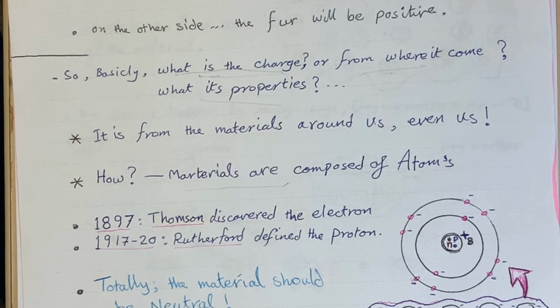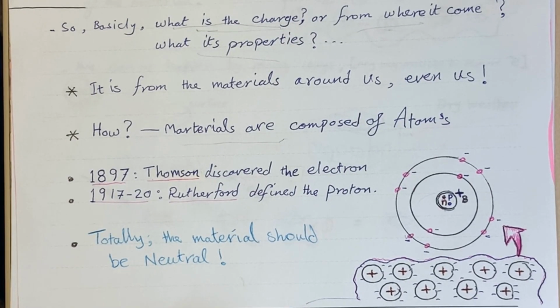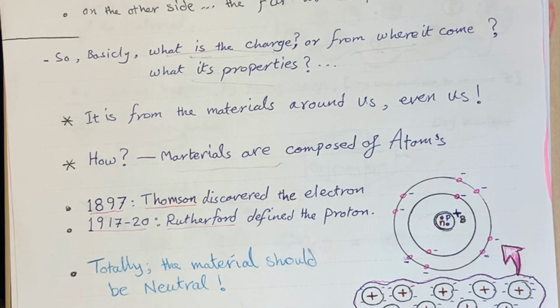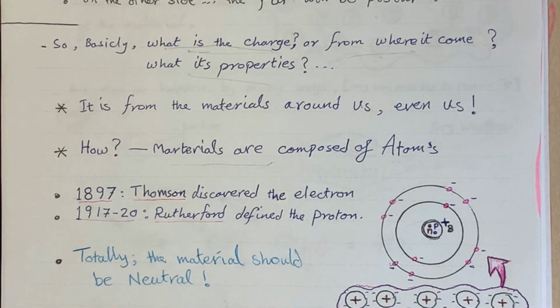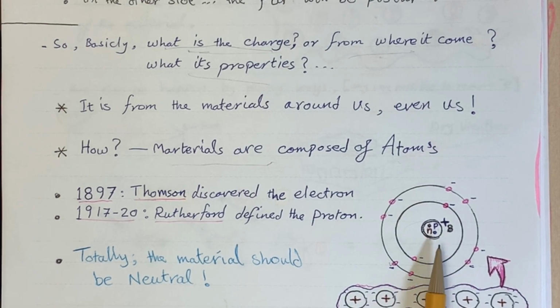Let us remember the construction of any material. We know that the material is composed of atoms or molecules. Let us talk about atoms. This is the simple model for the atom. It's a nucleus with electrons rotating around that nucleus, and there are neutral neutrons inside the nucleus and positive protons inside that nucleus too.